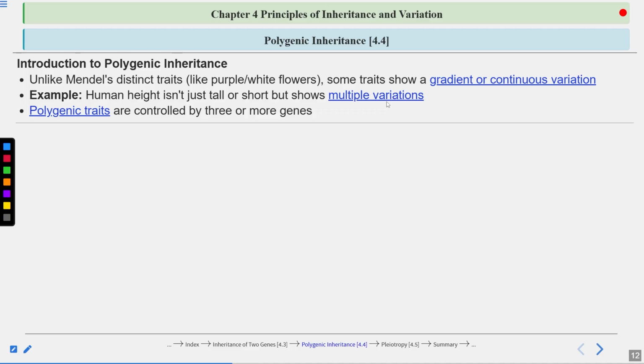Usually one gene controls one trait, but poly means many and genic means genes. So when many genes control a single trait, it is known as a polygenic trait, and this is known as polygenic inheritance as well. An example is human height or skin color.